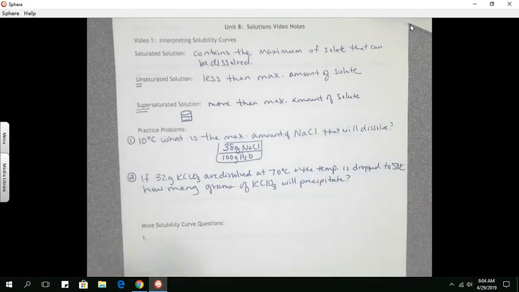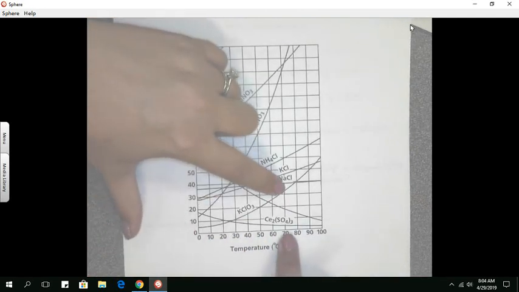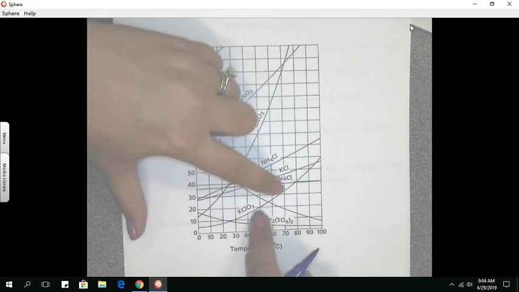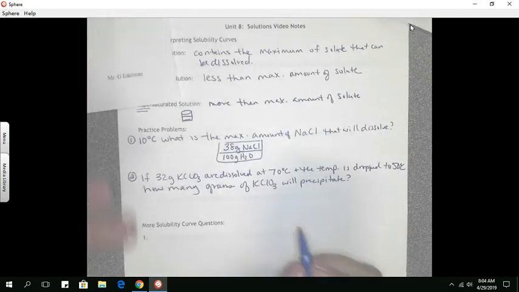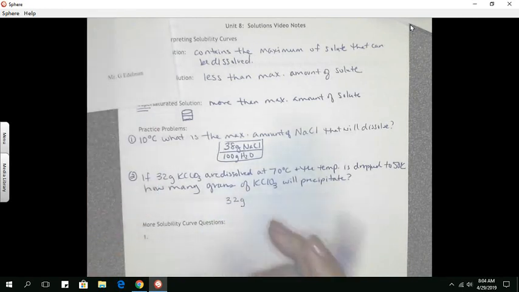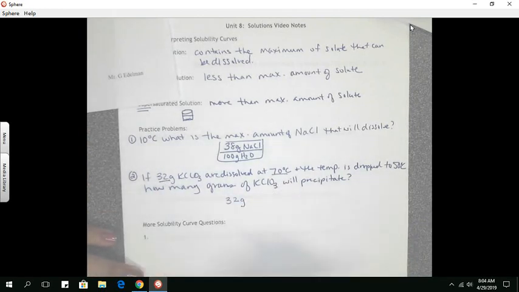So again, let's have a look at our graph. We find our potassium chlorate. We see here at 70 degrees we have about 32 grams that can dissolve, which is what our problem told us. If we decrease that temperature to 50, how much are still dissolved? If we read our graph, it looks like about 20 grams. So we started out at 70 degrees and with 32 grams were dissolved, right? Started here and it has 32 grams were dissolved.